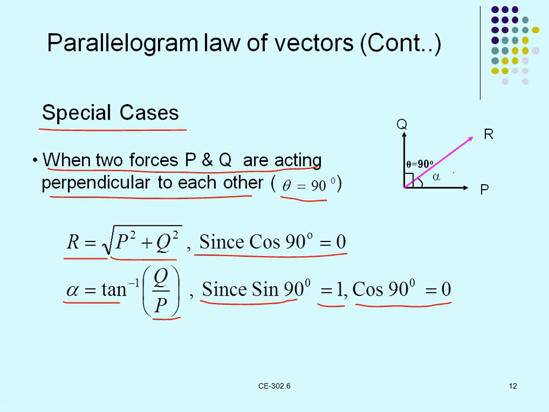Here we can see the representation of P and Q, this is our resultant R, the perpendicular direction represents 90 degrees, and this is the angle alpha.